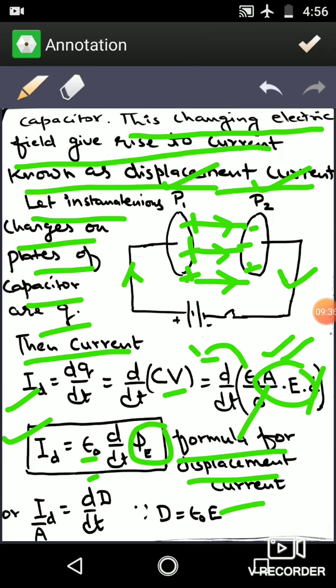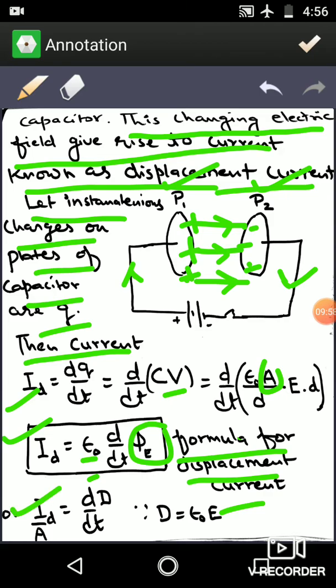Okay. Again, if we go through this formula, and A is taken in the denominator of I_D, then what we get?